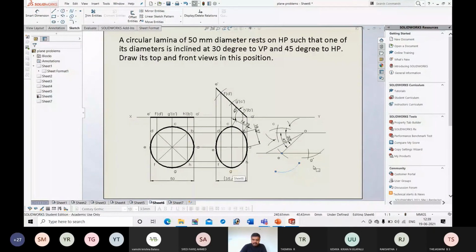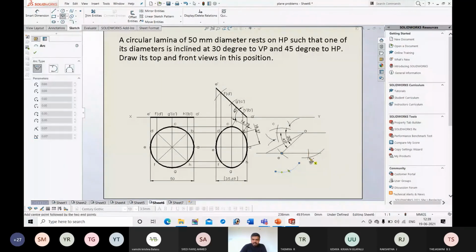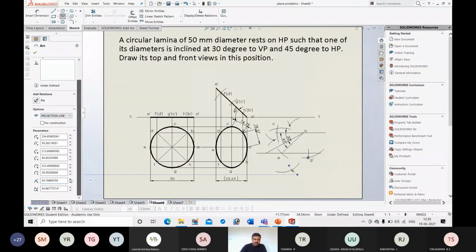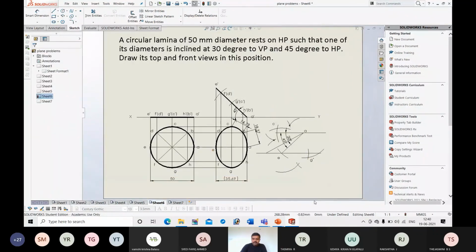Next, G as center, G to F is 14.79. Similarly, I will get point H. I know G and A, so I can get H.